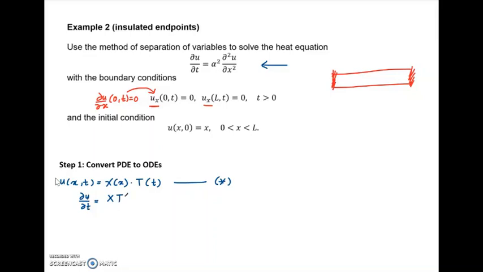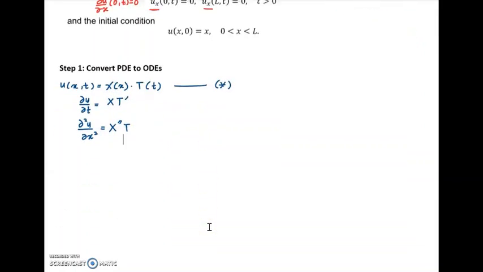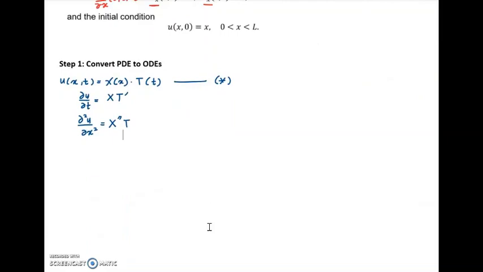In the equation we also have del square u del x square, meaning we differentiate u twice with respect to x. So we have X double prime, and T follows, because T should be regarded as a constant.